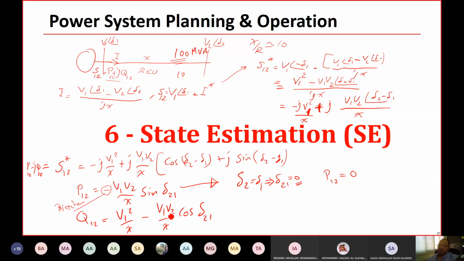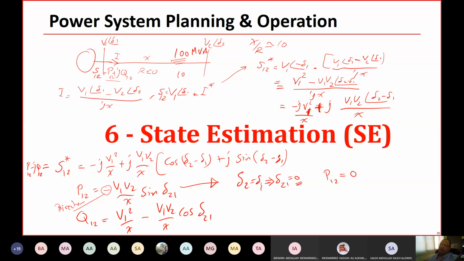The voltages in a power system are always very close to 1 per unit, or very close to the rated. So this one is also V1 squared over X, which gives 0. So if delta equals 0, that means Q12 is 0, which means there is no reactive power flow in this case, right?